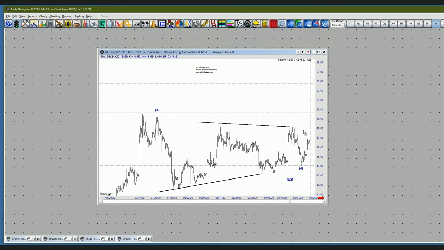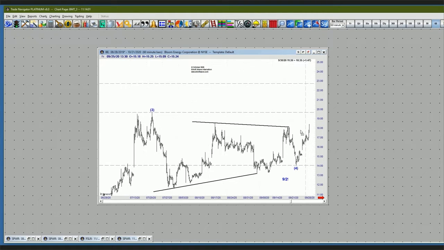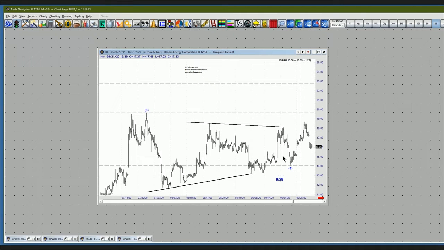Well, if that's the case, then we need to see a pullback. So 1, 2, 3, 4, 5, 6, 7, 8, 9. Maybe we come back down into this area here, say 16.5, and then look for that decline and then maybe a reversal. So we'll treat that as wave 1 of 5 and maybe look to buy a pullback. And then we come down.